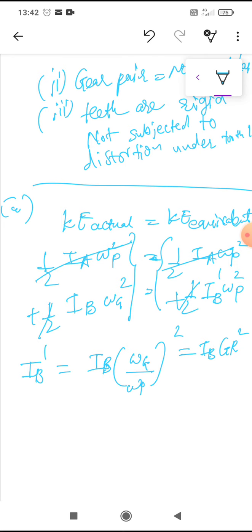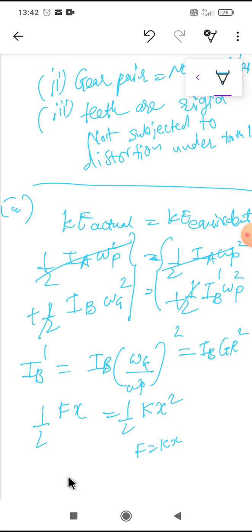For linear systems in vibration, we know the formula is 1 half k x square, or 1 half F into x, because F is equal to k x.